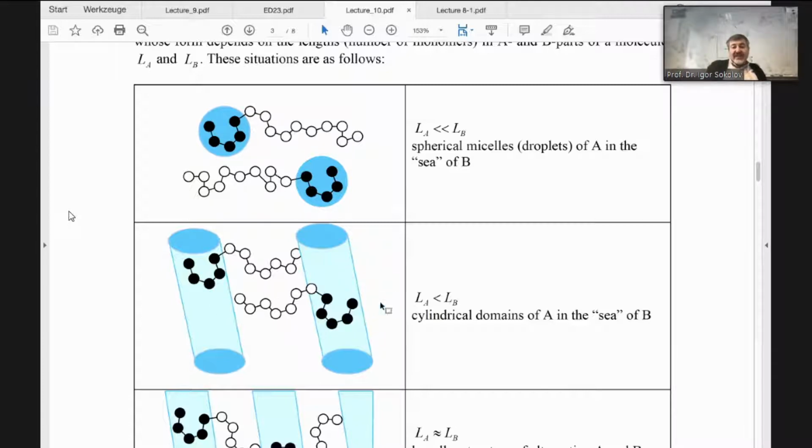So what you have here, you have enough translational entropy of translating the droplets. But if these guys are long, you get, by forming the cylinders, so to say, less loss in the translational entropy than you have, so to say, the decrease in the interaction energy.